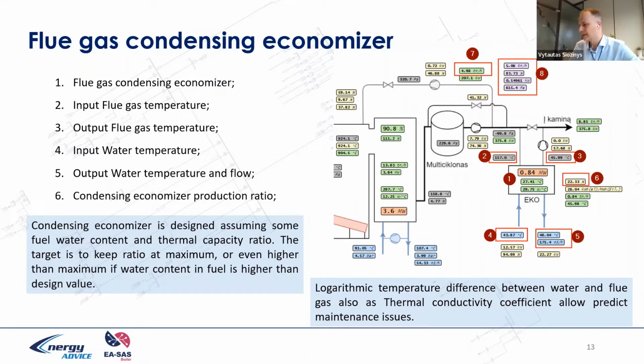It's very important to monitor the ratio of the condensing economizer's production with the boiler production, because the condensing economizer is designed assuming some fuel water content and thermal capacity ratio.